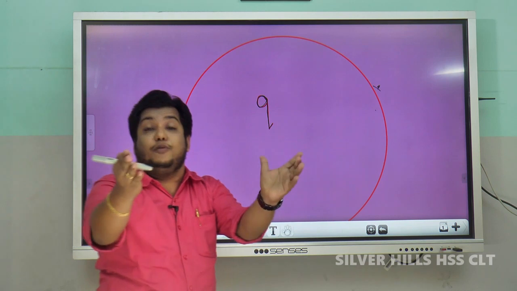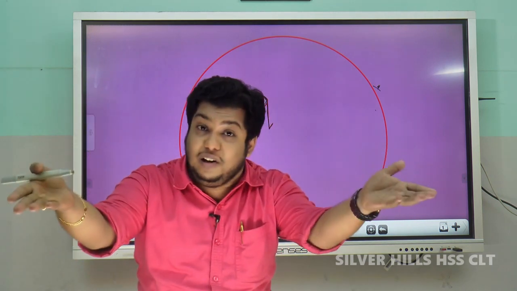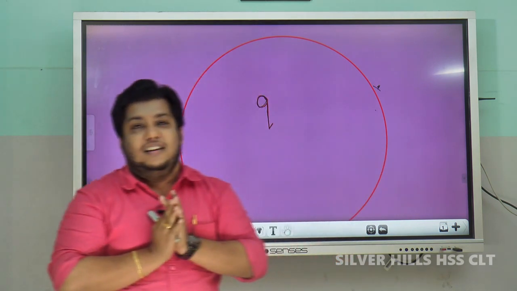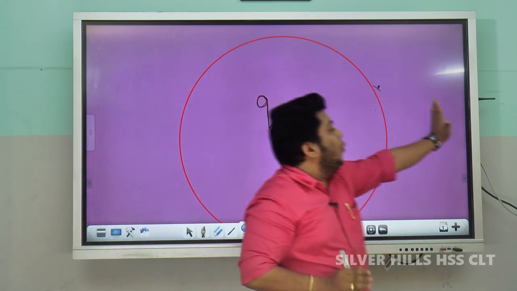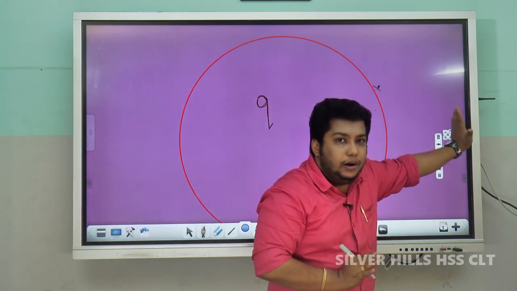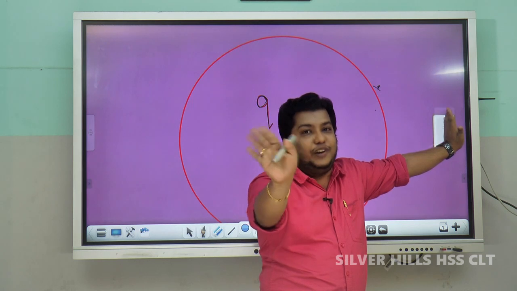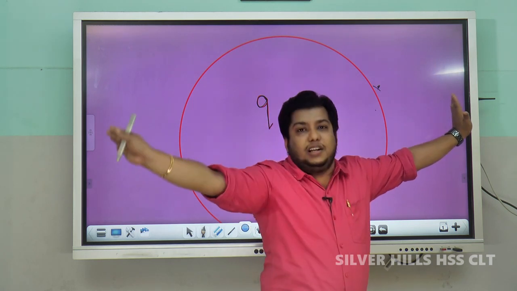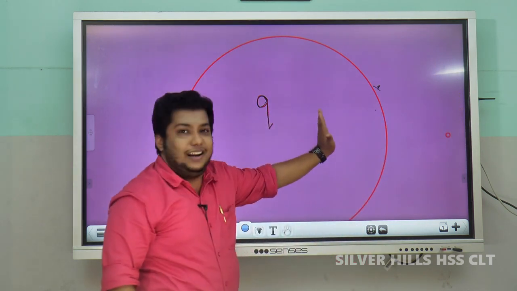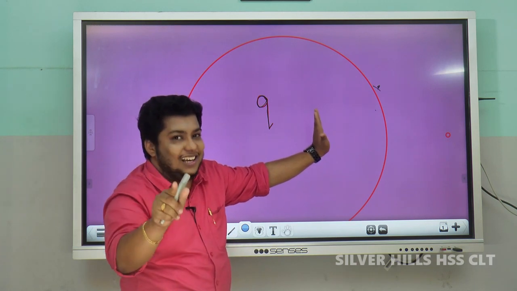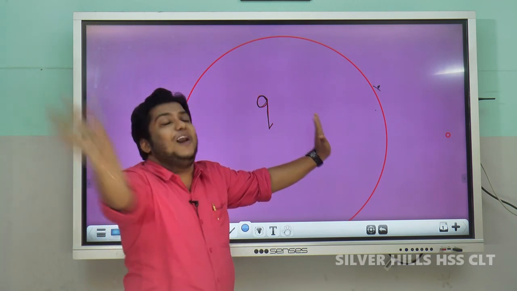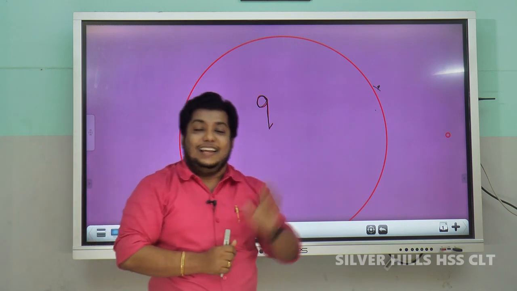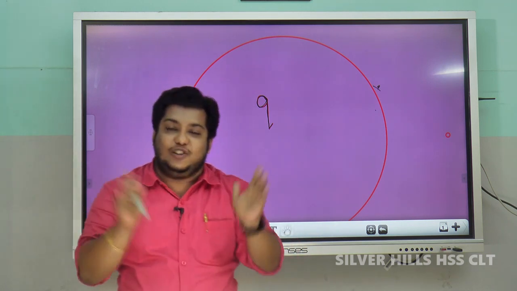What do you mean by influence? Either it is attraction or it is repulsion. Beyond that boundary, there will be no force of interaction, no attraction, no repulsion. But inside that boundary, there will be force of interaction, either attraction or repulsion. This is the concept of electric field.